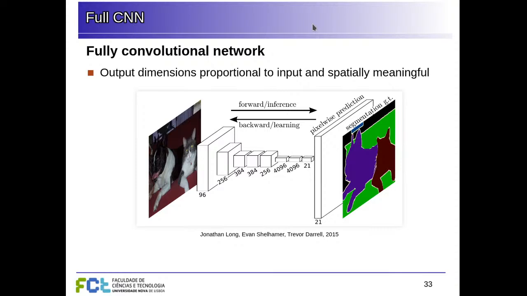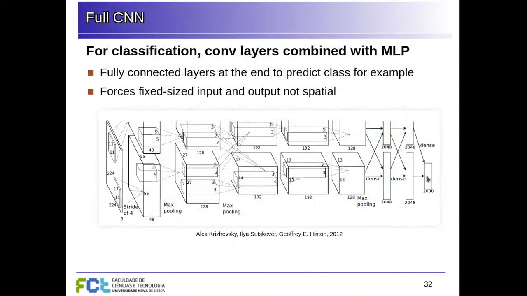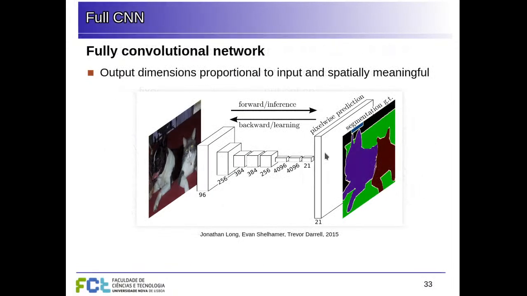Another use of convolutional networks is, instead of passing on to fully connected layers, we keep doing convolutions, but now we do upsampling. We convert back from a large set of features, where the feature map was shrunk to a small size, and then we go back and recreate a map from there.